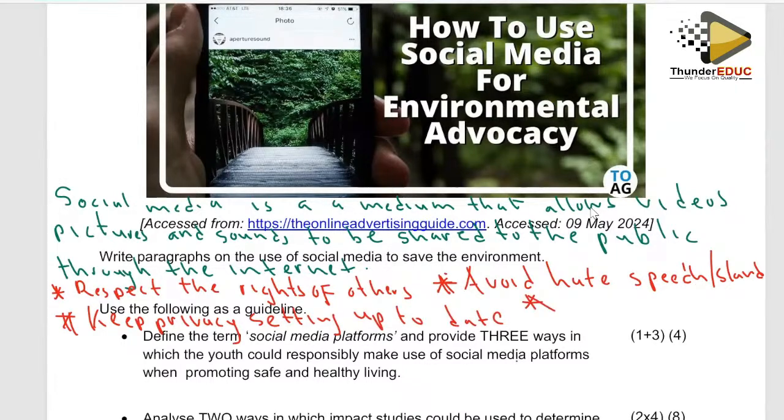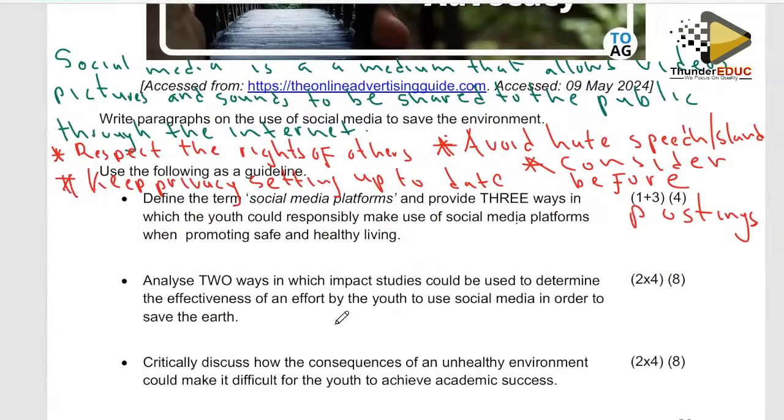Then they should also consider before posting. Before you post anything, consider it before posting. So these are the ways in which the youth can use social media platforms for promoting safe and healthy living.